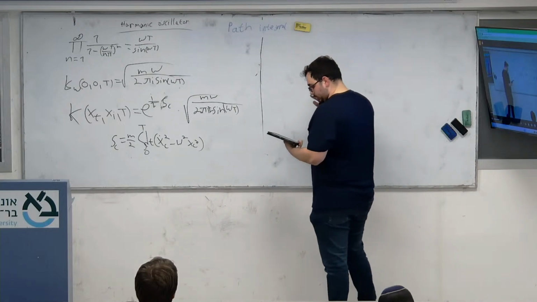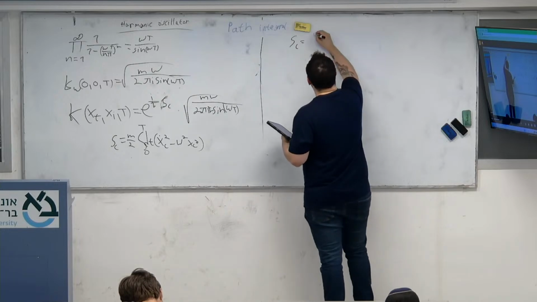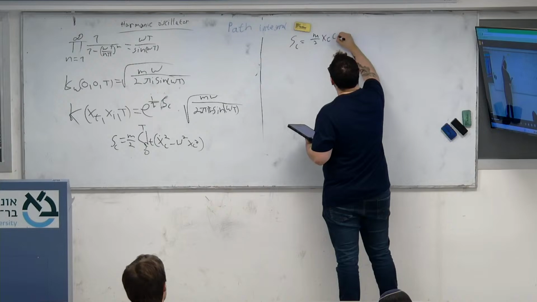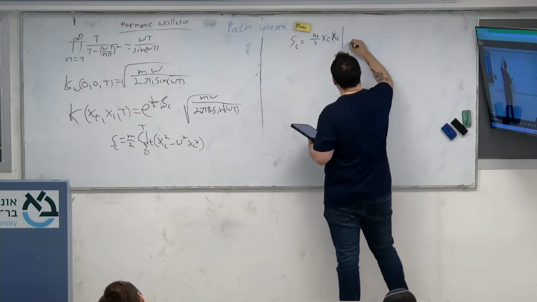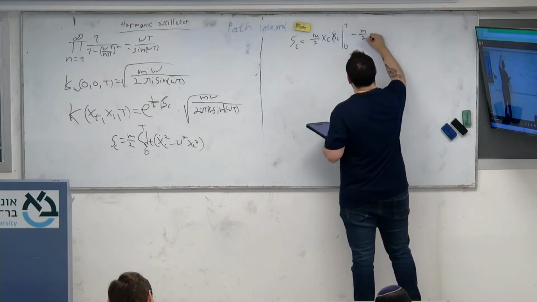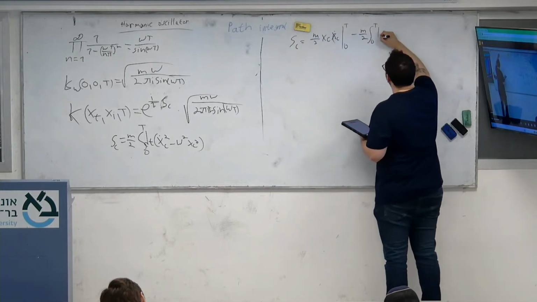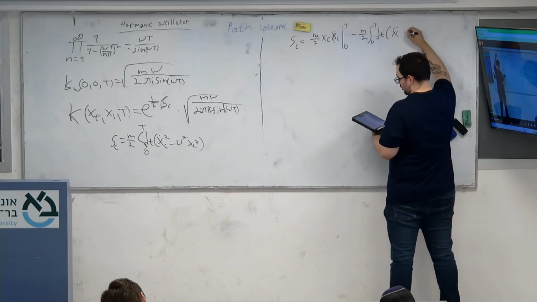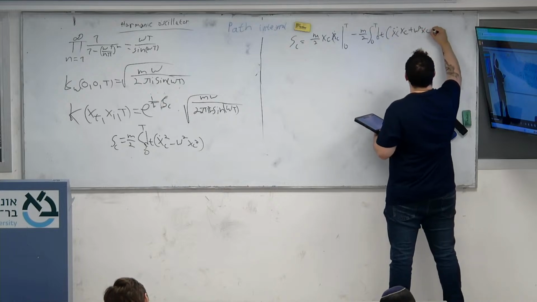So this integral SC will be equal, when integrating by parts, to m divided by 2 xc xc dot from 0 to t, minus m divided by 2 integral from 0 to t of dt xc dot xc plus omega squared xc squared.